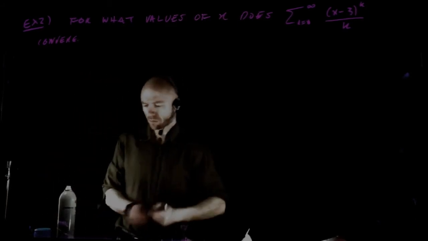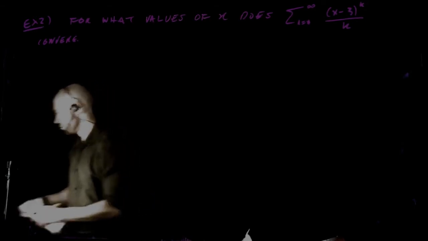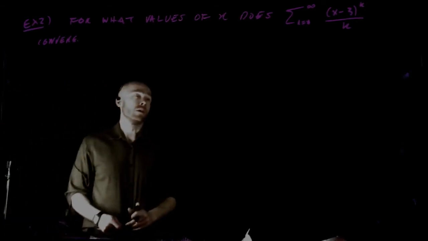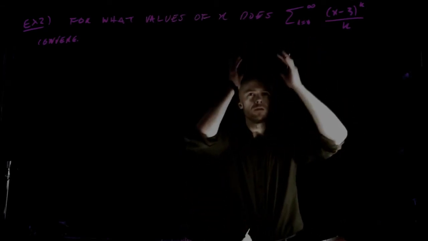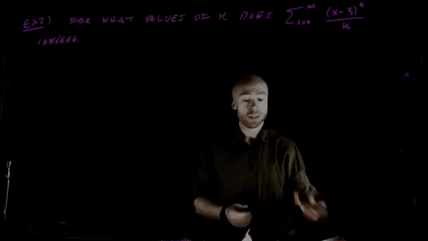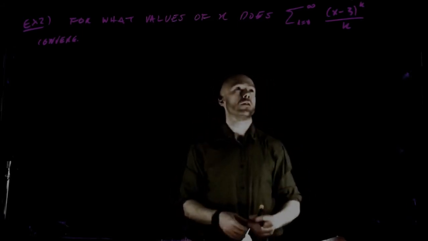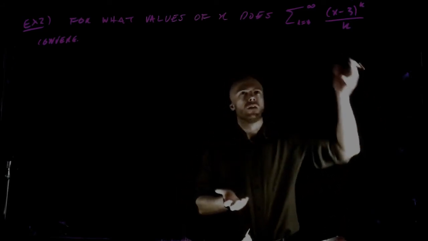Okay. Let's check it out. So there's a slight difference here. This time, this series is not a series of the form x to the k. It's (x minus 3) to the k, which means that the series is centered around the number 3. It's morally exactly the same thing.